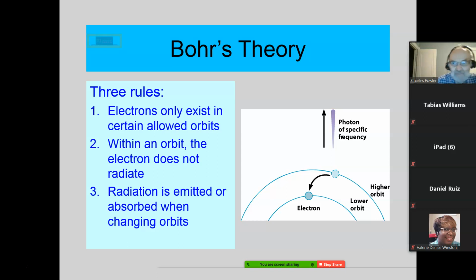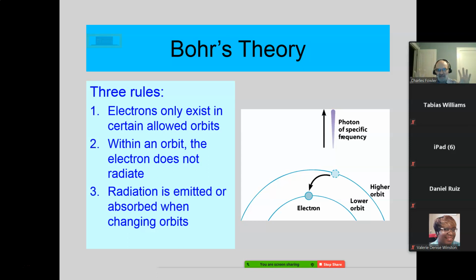Bohr's theory had 3 rules in it. Okay? And here's what they were. Electrons only exist in certain allowed orbits. Now remember, we described electrons as being this massive cloud of electrons, but Bohr said they only exist in certain allowed orbits. Now they're not perfectly circular orbits.